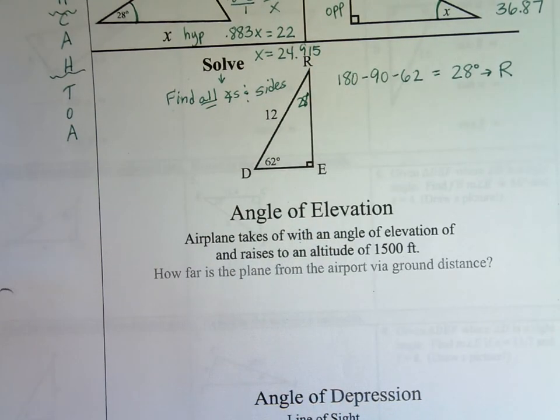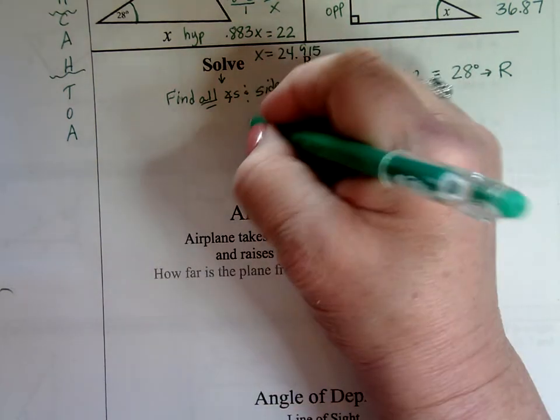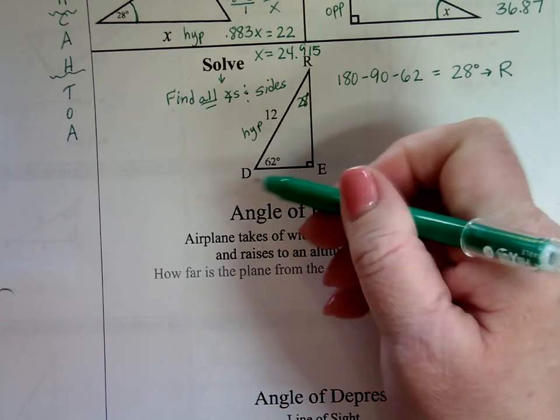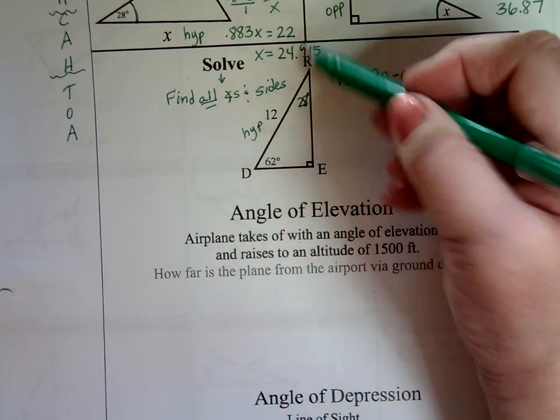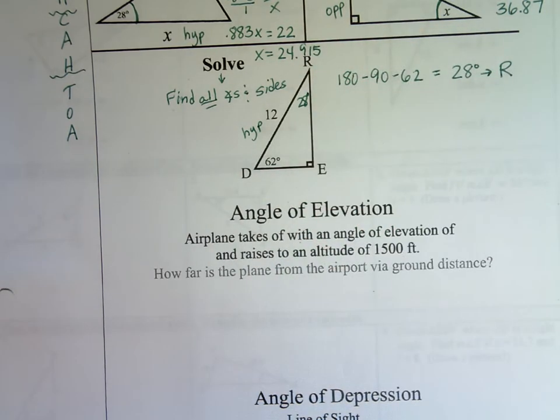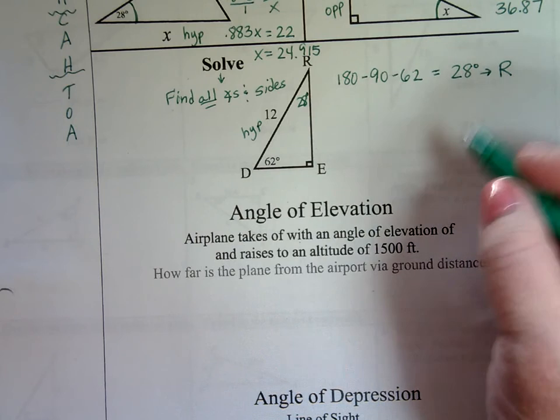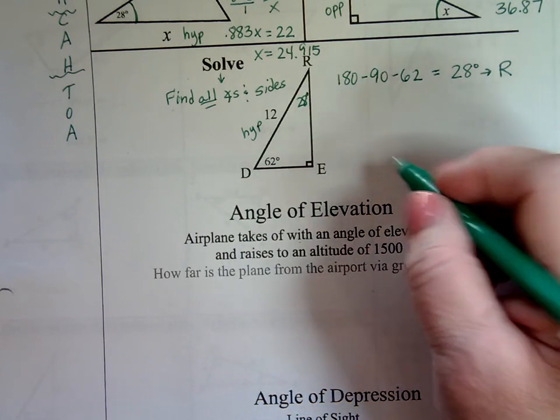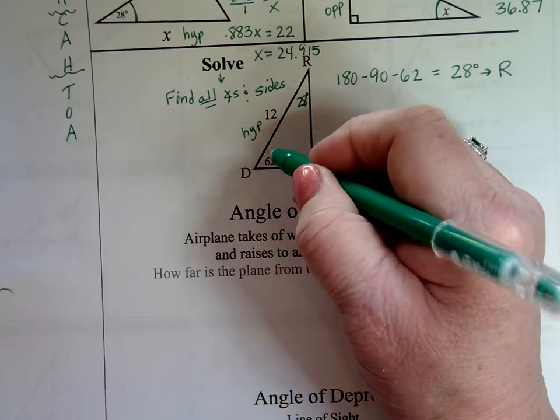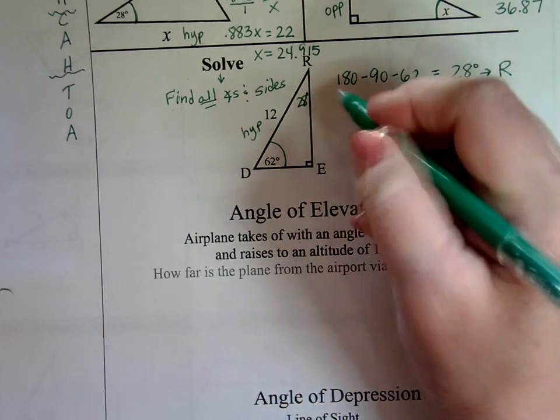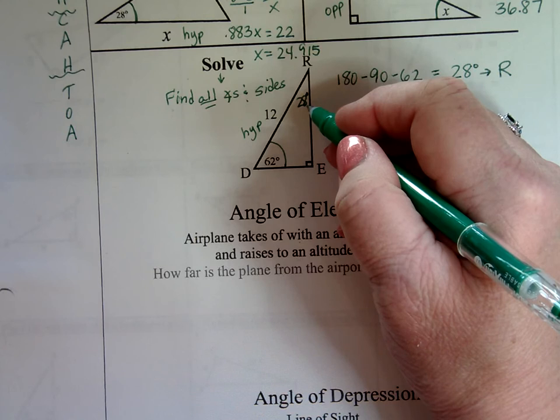And they gave me 12, which is the hypotenuse. But I need to figure out what the shorter side is and the longer side is. And you notice I'm using long and short rather than adjacent and opposite, because that depends on what angle you're looking at. If I'm at 62 degrees, and that's probably the one that I'm going to use, I usually use the one they gave me just in case I made a mistake in the subtraction like I did on the front one.